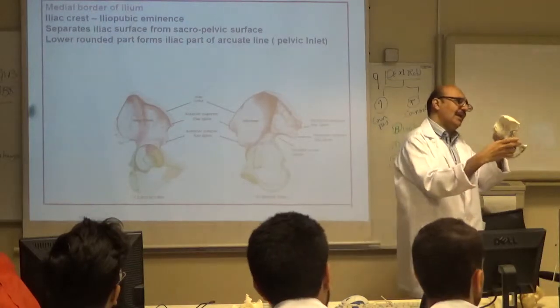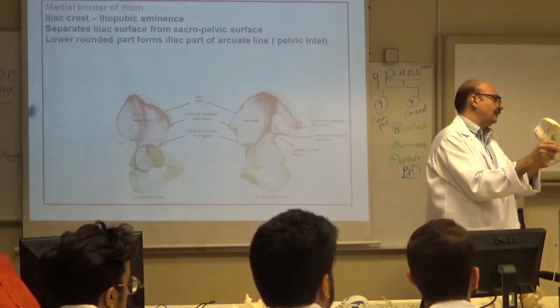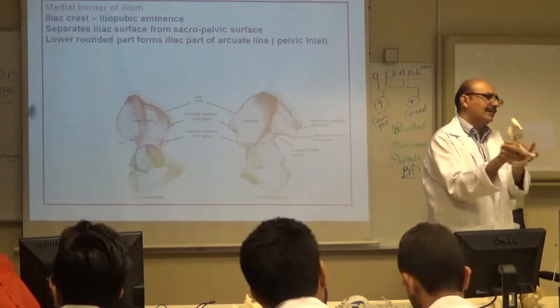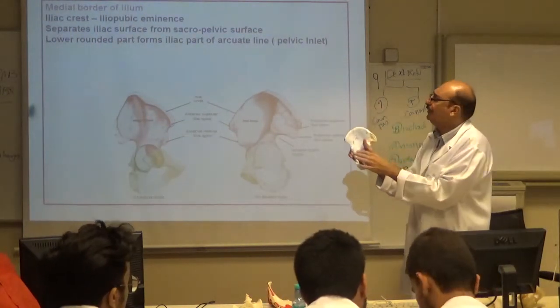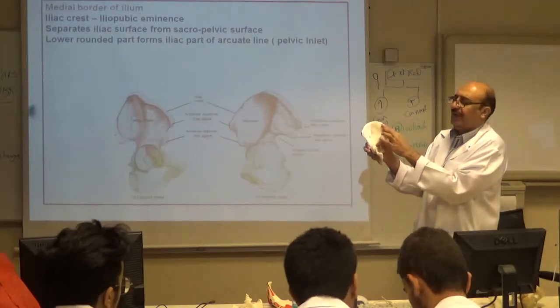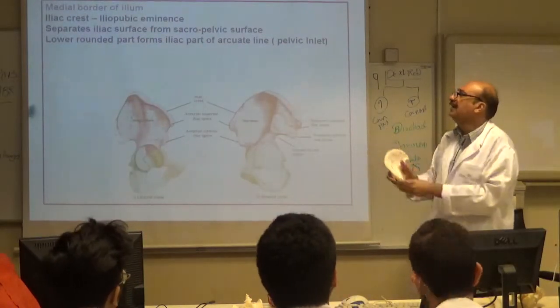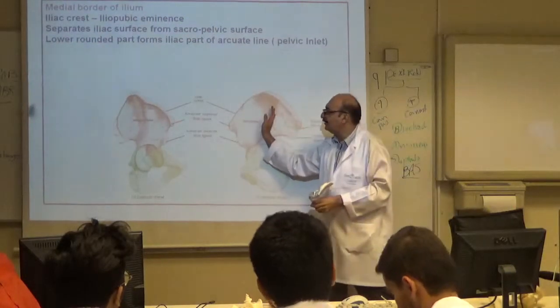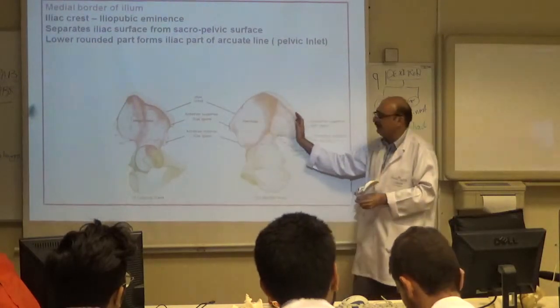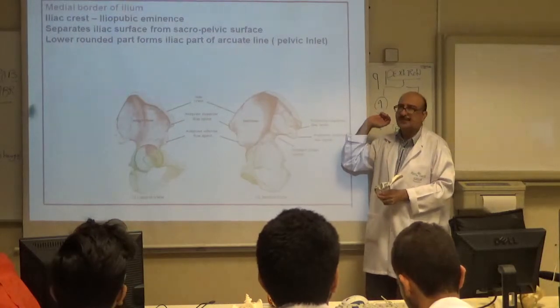This is an elevated part. From here to this is the bone that separates the iliac surface from the sacropelvic surface, the iliac fossa from the sacropelvic surface. Good? Yes.